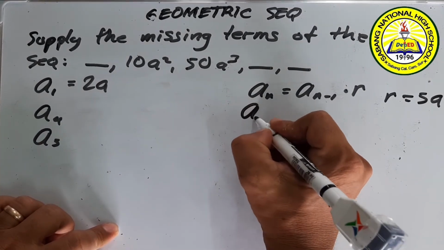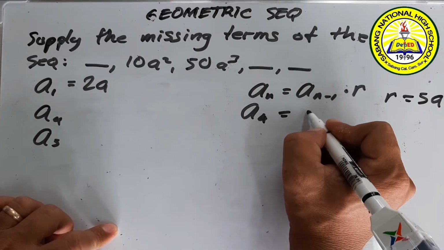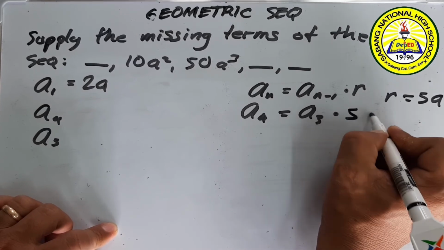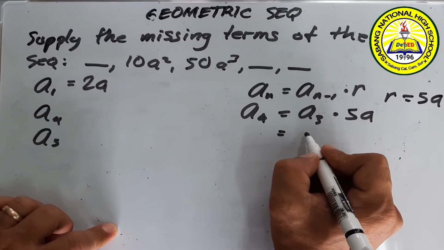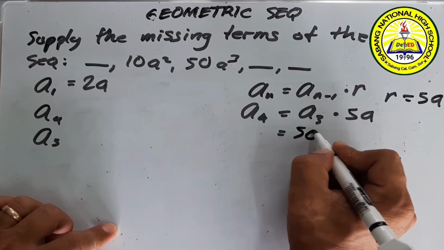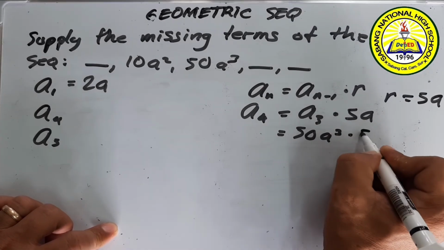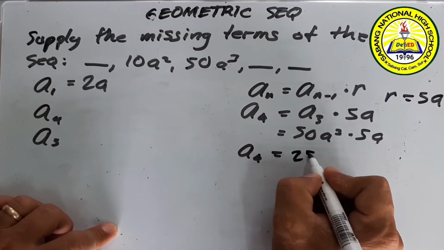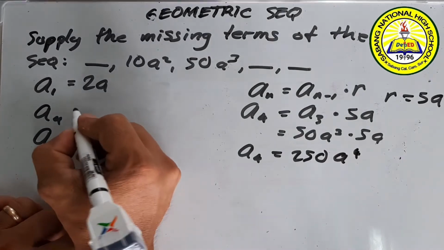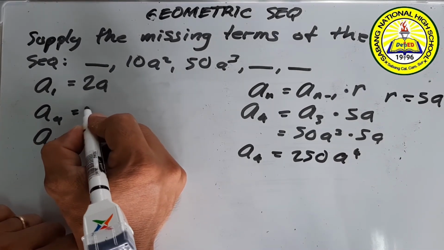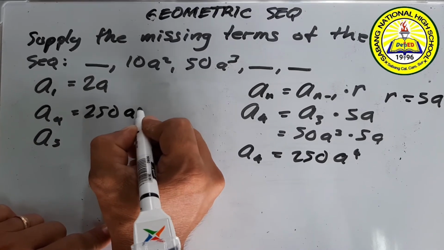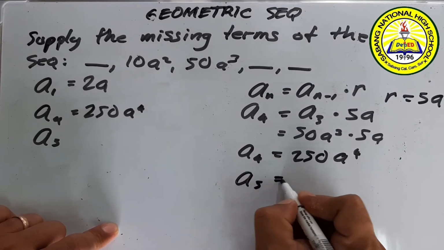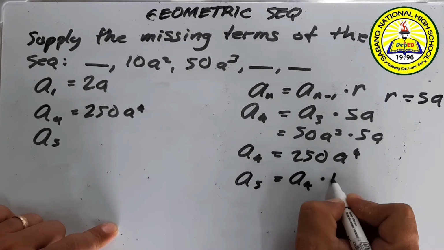So we are going to find a sub 4. A sub 4 is equal to a sub 3 times the common ratio, which is 5a. A sub 3 is 50a cubed times 5a. Therefore, a sub 4 is 250a raised to the 4th. And lastly, a sub 5 is equal to a sub 4 times the common ratio.